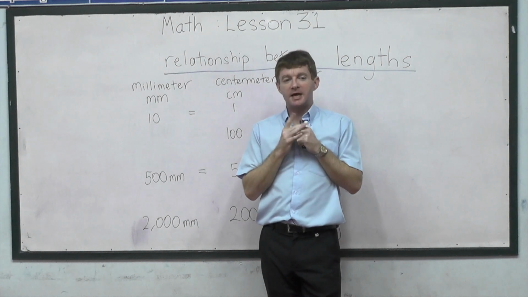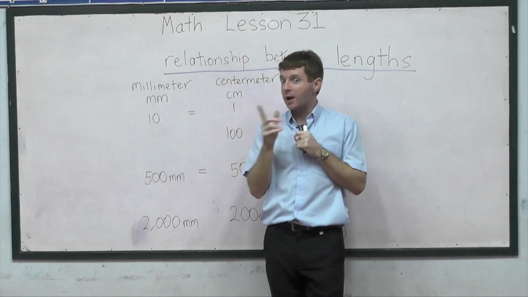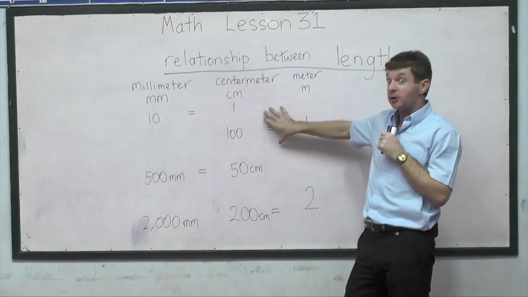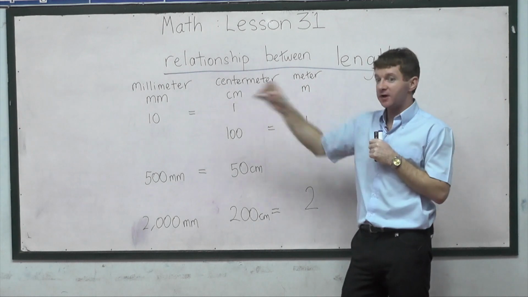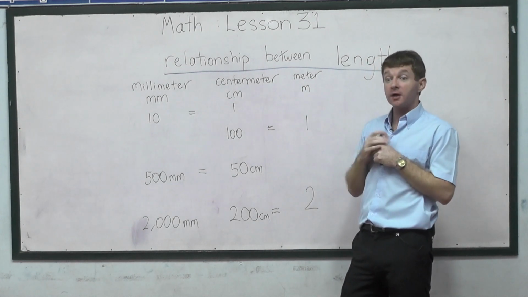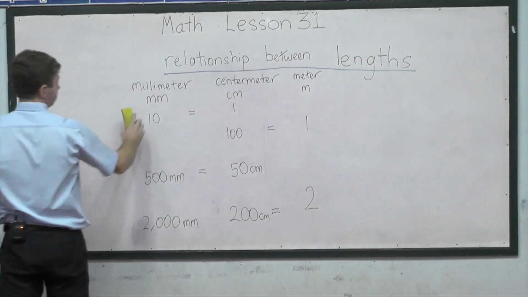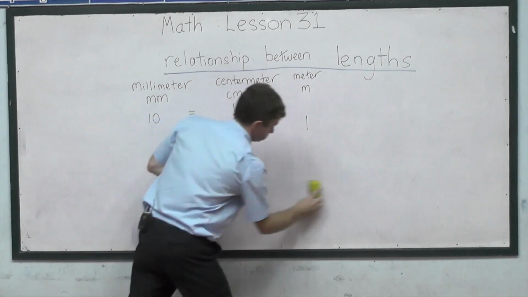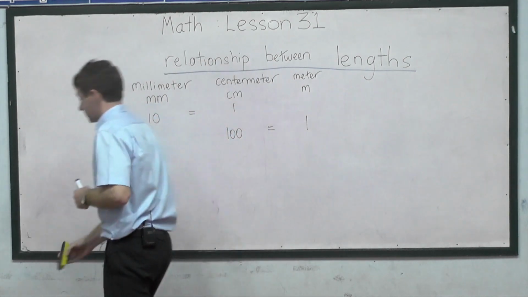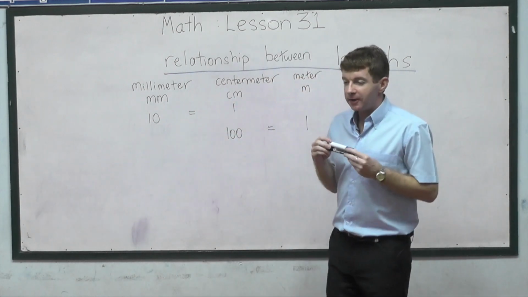Who's ready to play a game? Me. Okay. So now, teacher Wes will write a unit of length on the board. You have to convert it into the other units. So we'll rub off what we've got. We'll leave the example. We'll just rub off the bottom bits. Okay. Close your eyes, please.